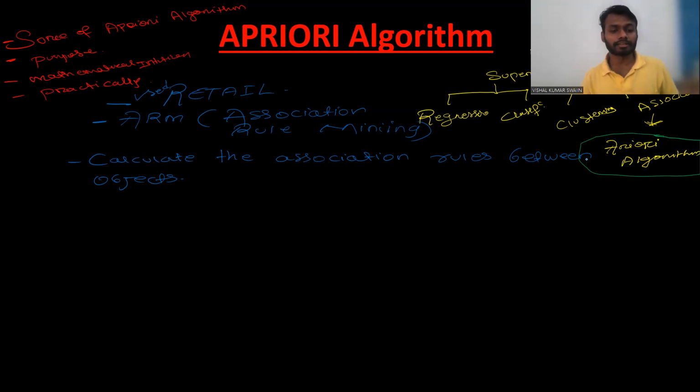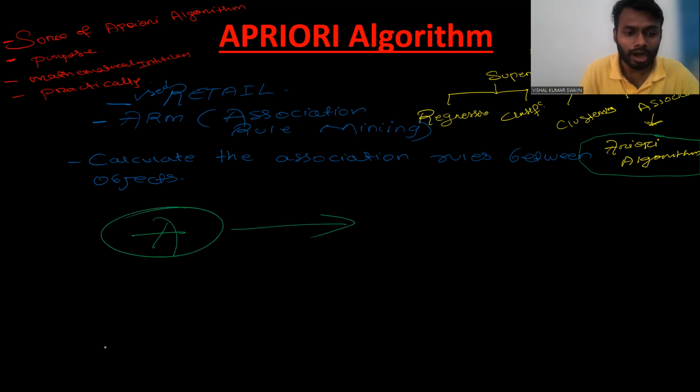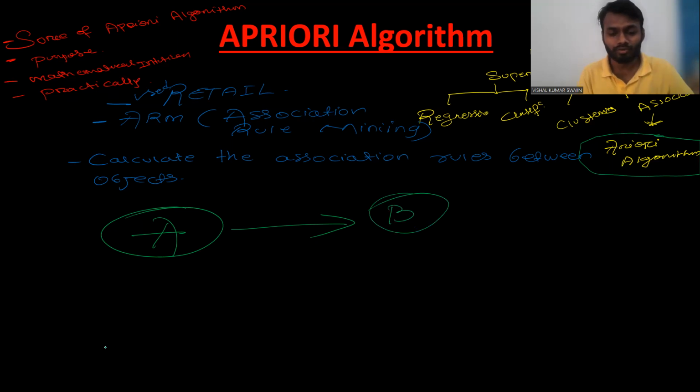In other words, the Apriori algorithm is association rule learning that analyzes that people who bought product A also bought product B. If you bought product A, then you will also buy B. Means if you buy that combo offer, it will include product A as well as product B. Here A is nothing but the chips and B is nothing but the chocolate.